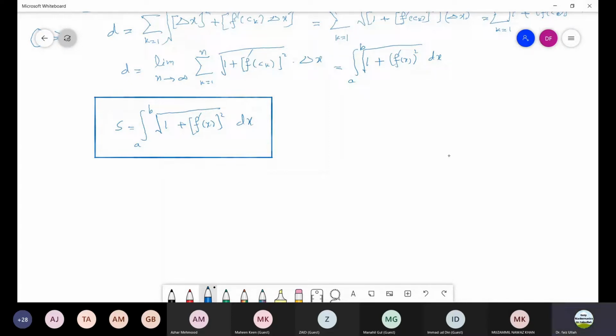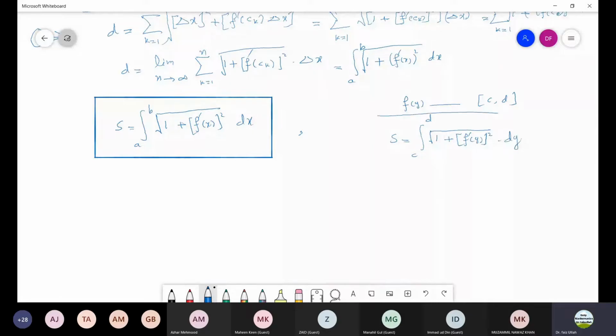Now, if we want to take the arc length parallel to the y-axis, because you can see all these are functions of x, so if we have a function of y, f(y), and the limits are from c to d, and we need to find the arc length, in that case the arc length s is equal to the integration from c to d of the square root of 1 plus f'(y) whole square into dy.